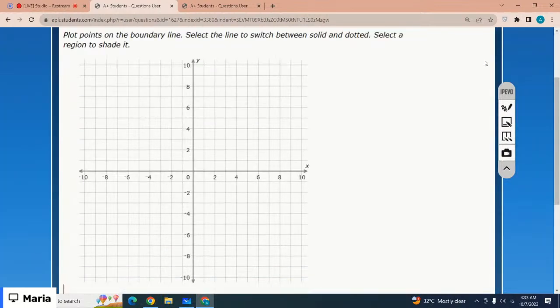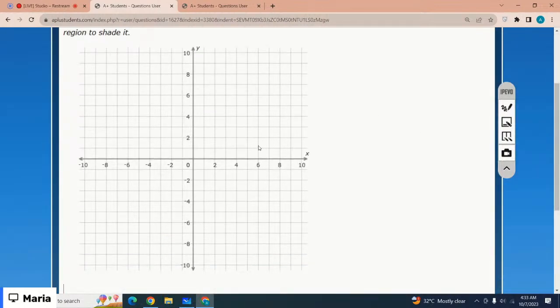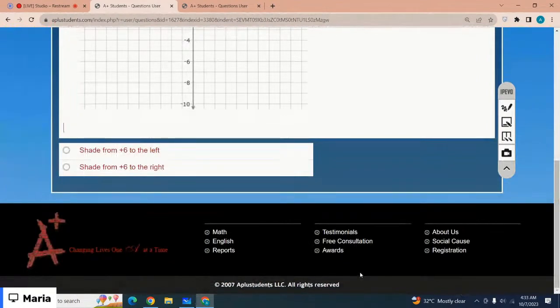Greater than 6, right? So here is the 6. That means the right of the 6 is included, right? So shade from +6 to the right.